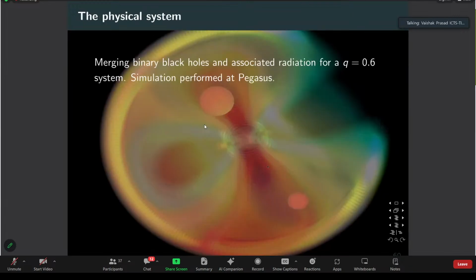So the system is the same as the previous case. We have a binary black hole system, two black holes. This particular one is asymmetric. It's non-spinning, and the mass ratio was about 0.6. This is a top view, and gravitational radiation is visualized here. You see nice lobes of the dominant quadrupolar pattern. The question is, of course, do the two black holes deform?